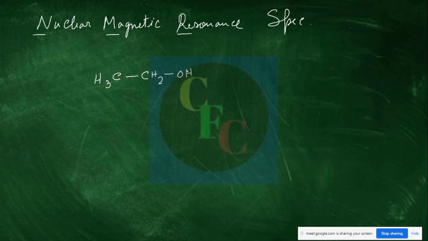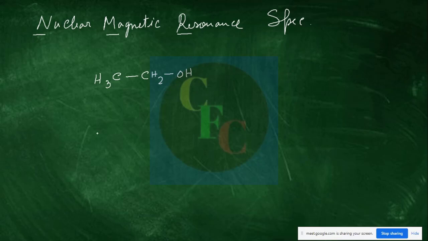But in IR, you will get information about the carbon oxygen bond, carbon hydrogen bond, but only up to that much. So if we subject this to IR spectroscopy, you will get characteristic bands for carbon oxygen and oxygen hydrogen, but it will not say how many bonds there are, or which are much closer to one another or something like that. But NMR spectroscopy will give those information as well.